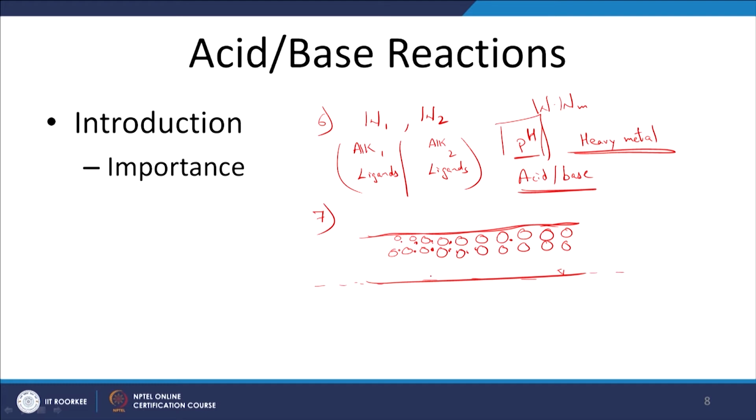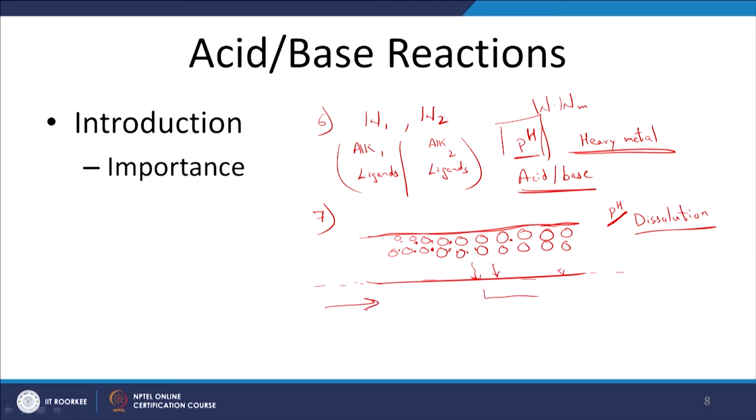But let us say it comes in contact with relatively acidic pH water. What is going to happen now? In general, depending upon the kind of contaminant, there can be dissolution, depending on the pH of the water that it comes in contact with, and then that can leach into the groundwater and contaminate the groundwater.